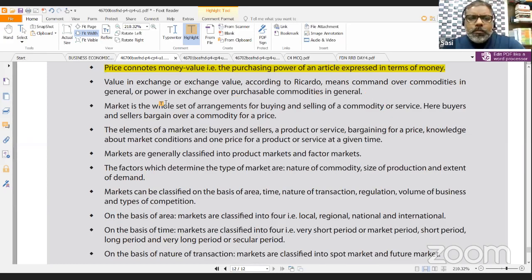Then, what is value in exchange? This is what we have been using many times. That is exchange value or value in exchange. What does it mean? It is the basic price at which there is an exchange happening over purchasable commodities. In simple words, that is price. Exchange value is nothing but market price.